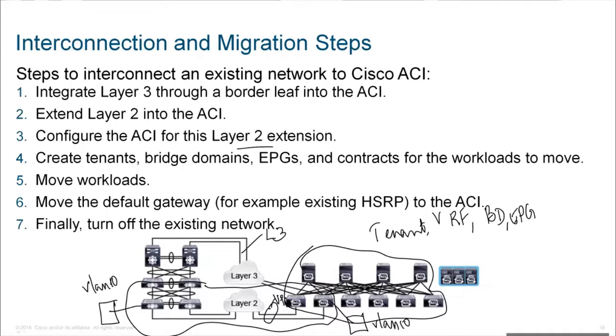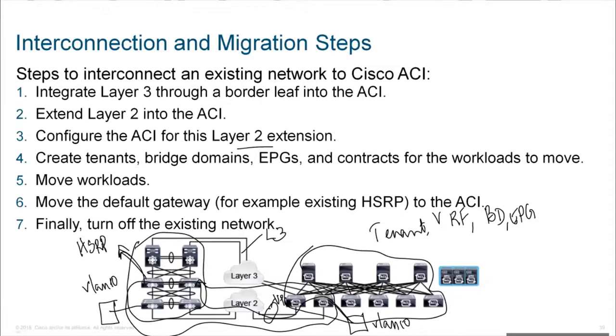Most likely the default gateway might be here, when the bulk of your traffic is on the, this is your traditional network, by the way. This particular one is your existing data center. So the bulk of traffic is in the existing data center. Retain your HSRP here. Even this will have to bridge through, and get routed by the default gateway here.